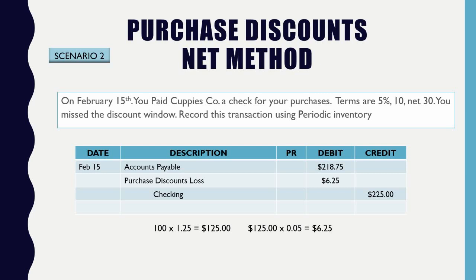So my purchase expense, by adding this back in there, is now $125. And now I need to pay the full amount of the $225 because I have to pay for the full amount.